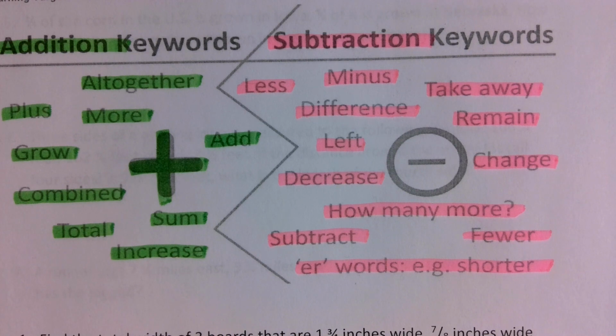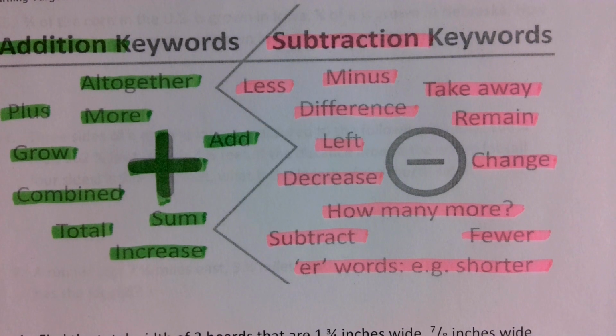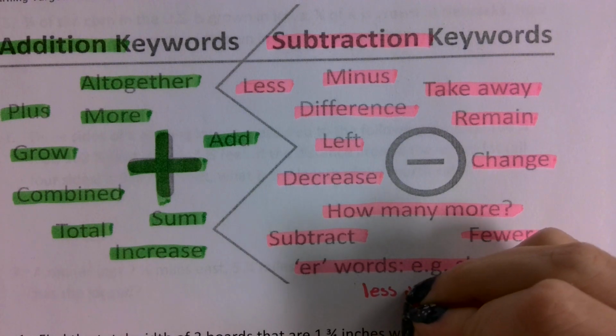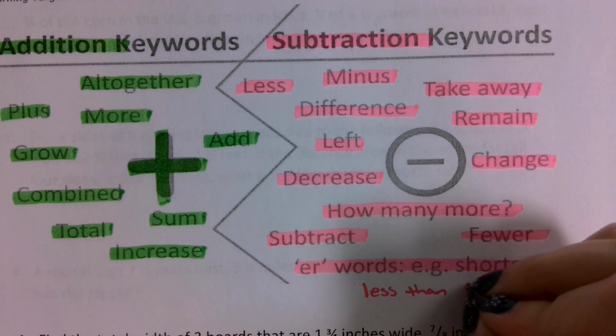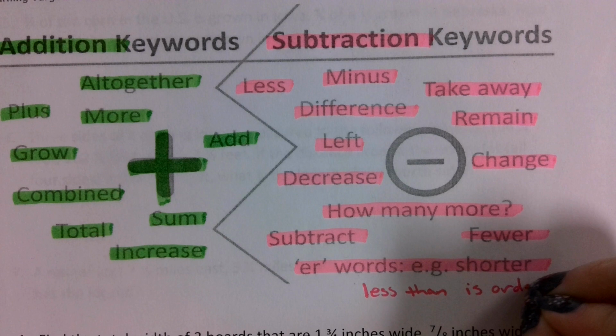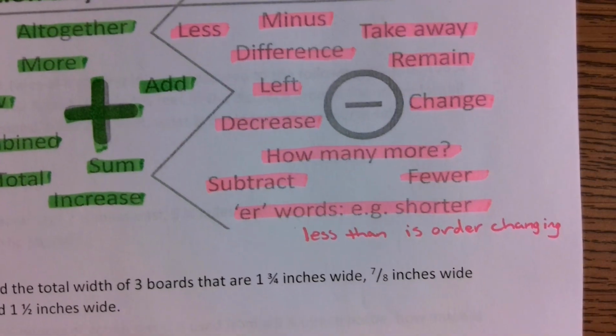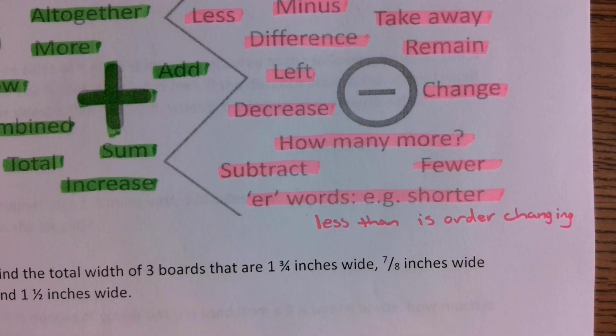Now, one thing that I do want to have you keep in mind is when you're talking about words like less than. Less than is order changing. So if I say that your age is 26 years less than my age, you're not going to take your age and subtract my age, are you?